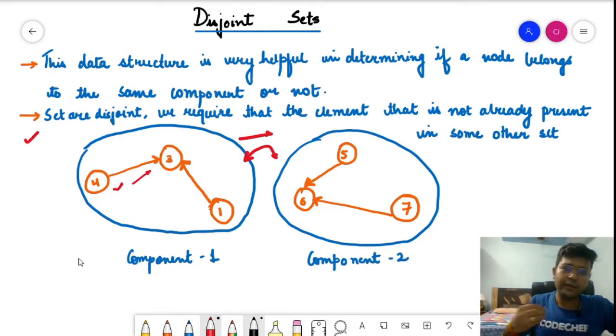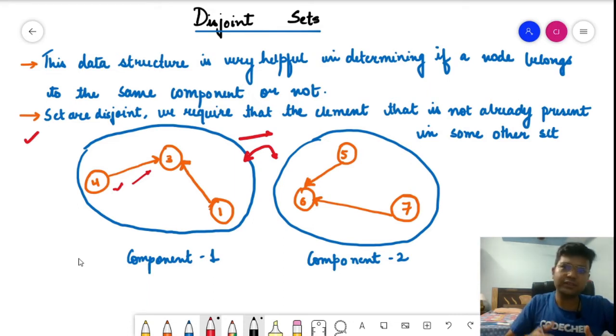The main objective of these videos on DSU is to understand that whenever we are given two nodes, we are easily able to identify whether the nodes are present in the same component or in different components. Whenever we are asked to join two nodes, we should know how to join the two components if the nodes are in different components.